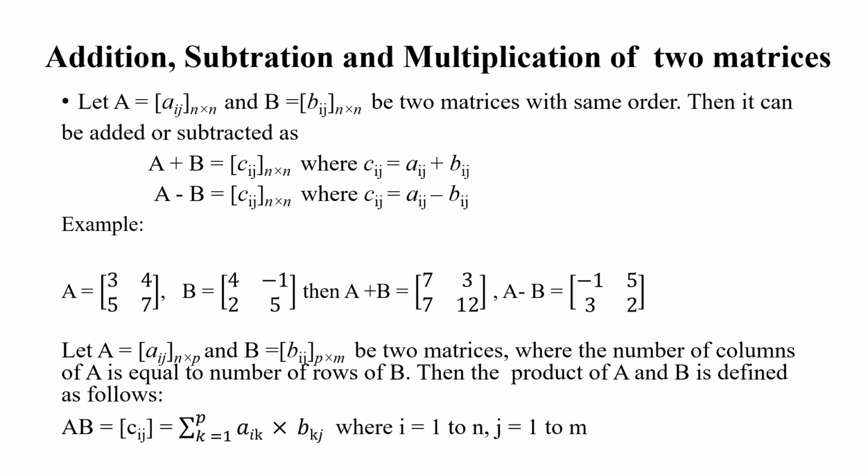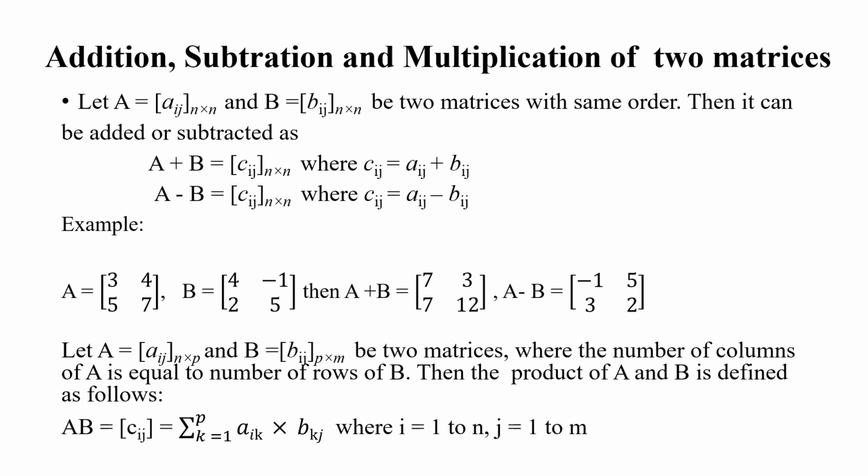Then we talk about addition as A plus B, which contains the elements Cij, where Cij can be obtained by adding the corresponding ijth element of A and ijth element of B. Similarly, we can talk about subtraction, that is A minus B, which gives an element Cij, where Cij is defined as the ijth element of A minus the ijth element of B.